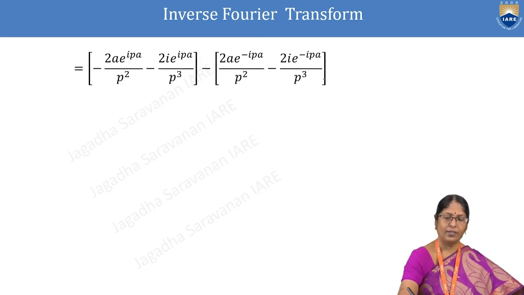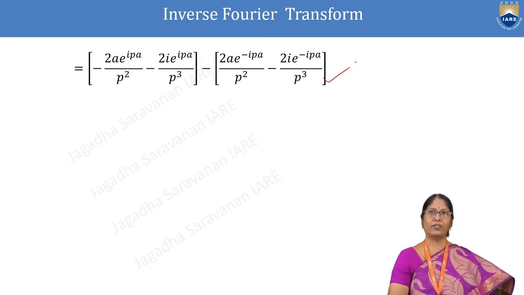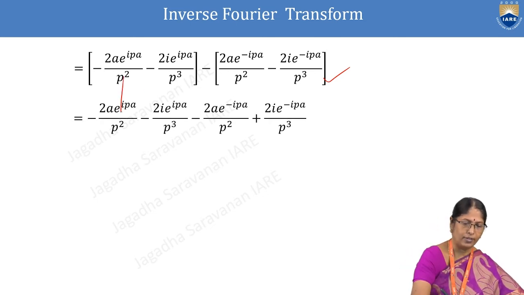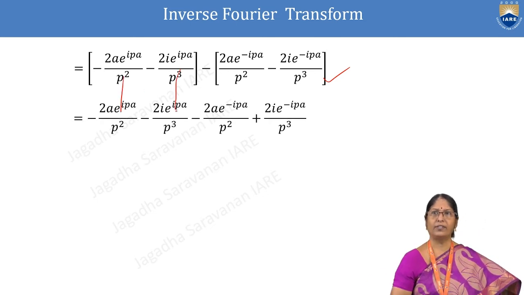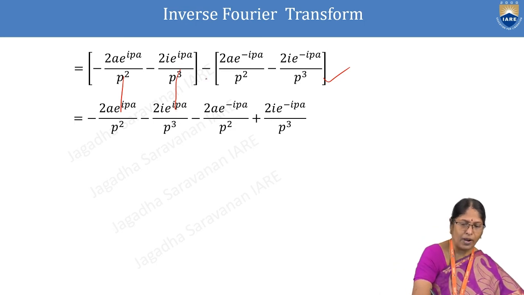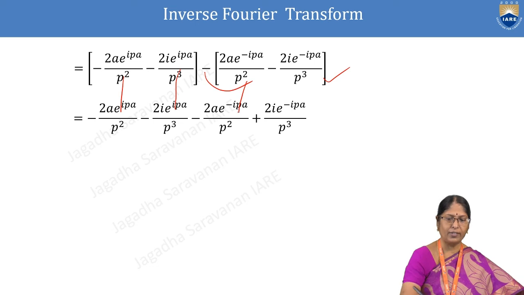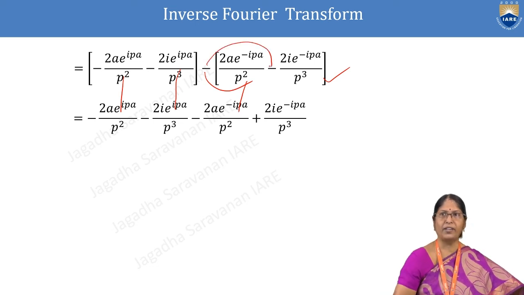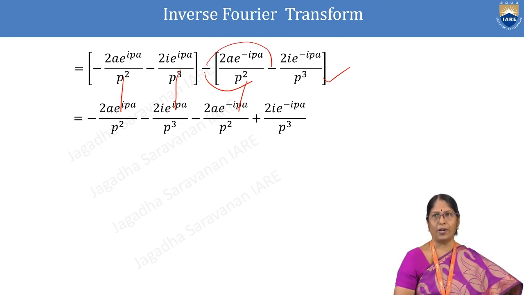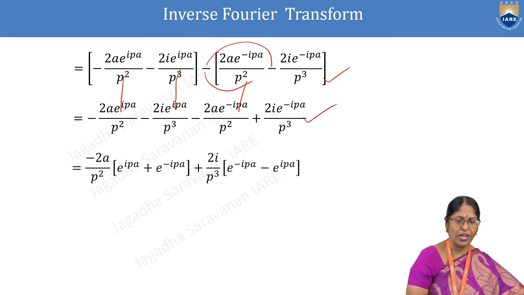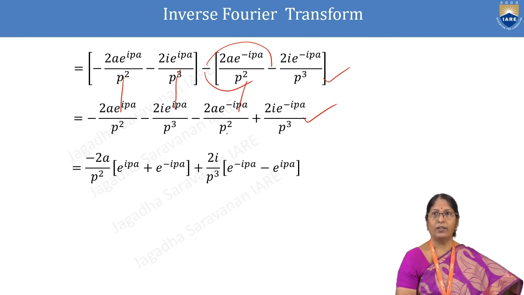Next, the last step from the previous slide is written here. Now, this term is as it is written. This minus we are taking inside, so this is also as it is. Now this minus into minus has become plus. Fine. Now we are collecting the minus 2a by p square terms.